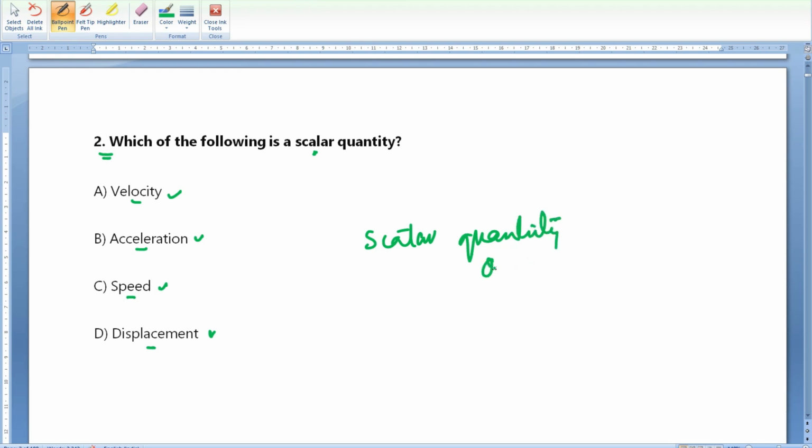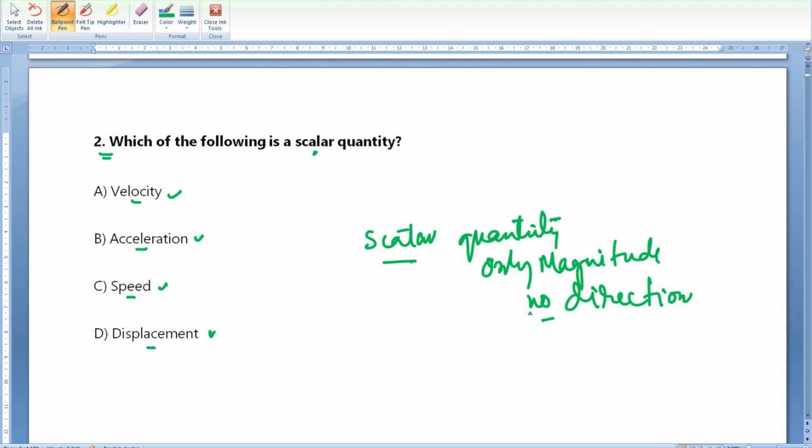it has only magnitude. A scalar quantity has only magnitude, no direction. So speed tells us only how fast an object moves.